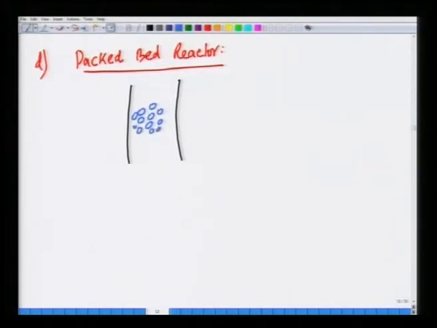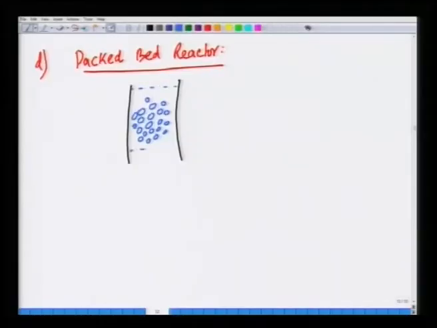These could be catalyst particles in which reaction takes place, or they may be simply inert solid packings which enhance the surface area of contact between two streams. For example, you may have a stream of liquid flowing like this and another stream of gas that flows like this, and maybe there is a reaction between a species in the liquid phase and a species in the gas phase.